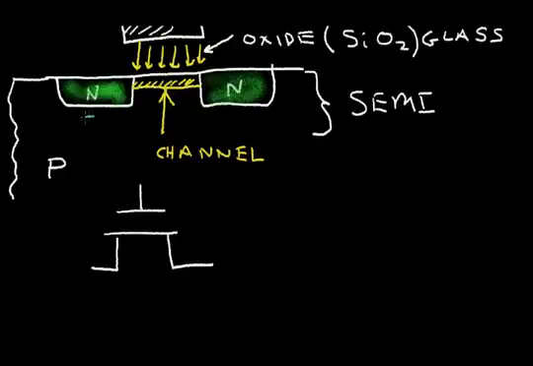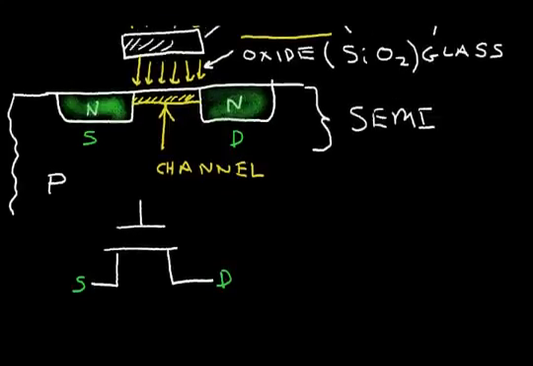This can be called the source, and this can be called the drain. Now the symbol: this would be the source terminal, this would be the drain terminal, and this region here is the gate material, which is this gate connection.